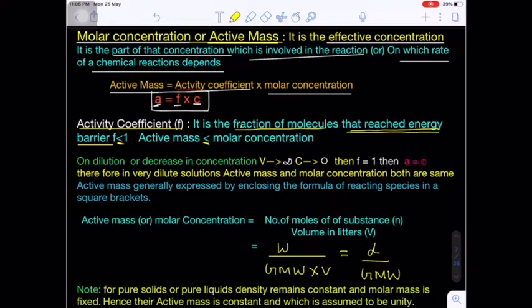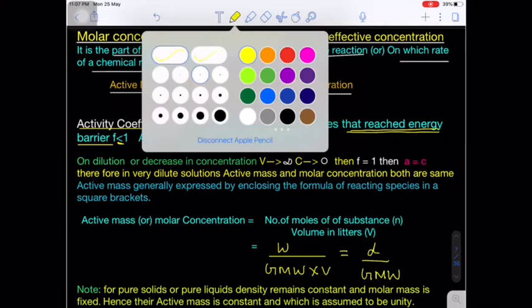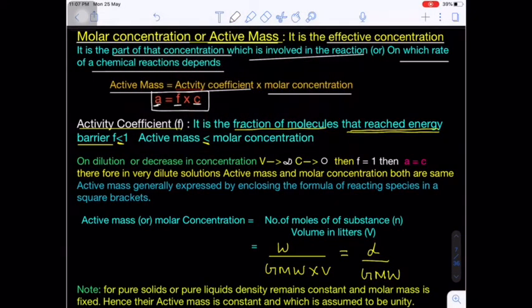Now in the case of dilute solutions, let's suppose we have a very dilute solution, in the sense that the volume increases or the concentration decreases. When volume tends to infinity, the concentration tends to zero. How do we know?